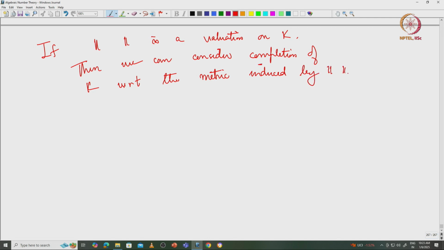So we saw that valuation induces a metric, and you can take completion with respect to that metric. And this is not a new process, we have already seen this before.